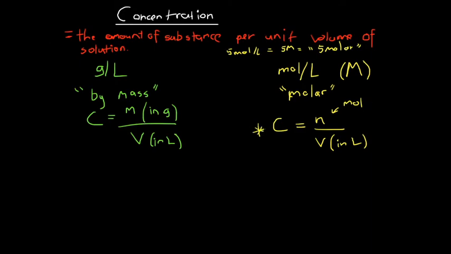To extend this a little further, there are two ways. If we're told that a certain mass of substance is dissolved in a certain volume of solution, we can figure out the concentration by mass quite easily.